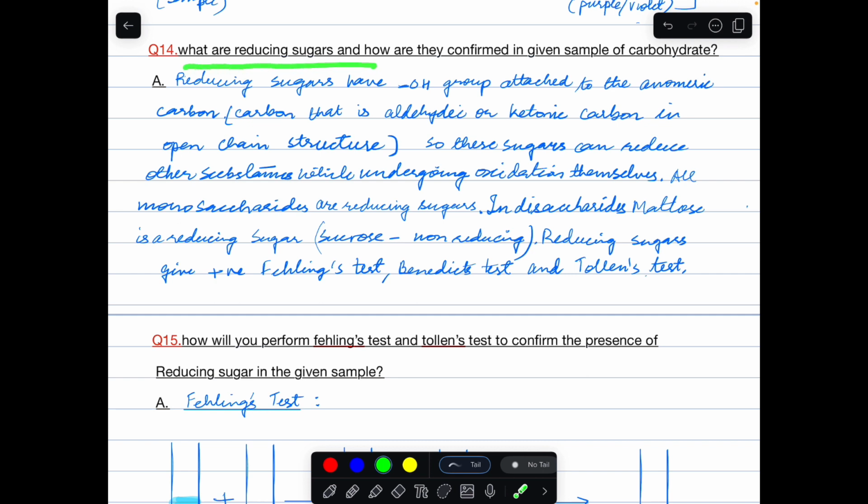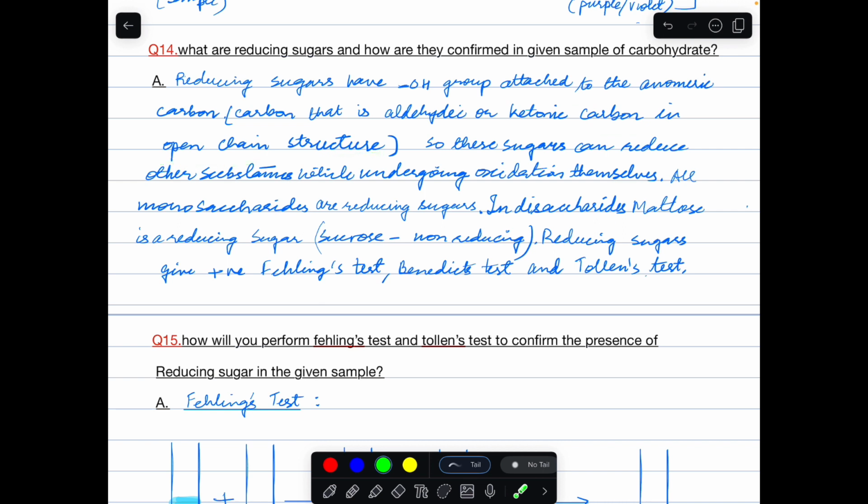The reducing sugars have an OH group attached to the anomeric carbon. What is anomeric carbon? In case of different carbohydrates, when you write down the structure, the carbon which is the aldehydic or ketonic carbon, that is the functional group carbon in the open chain structure, is called anomeric carbon.